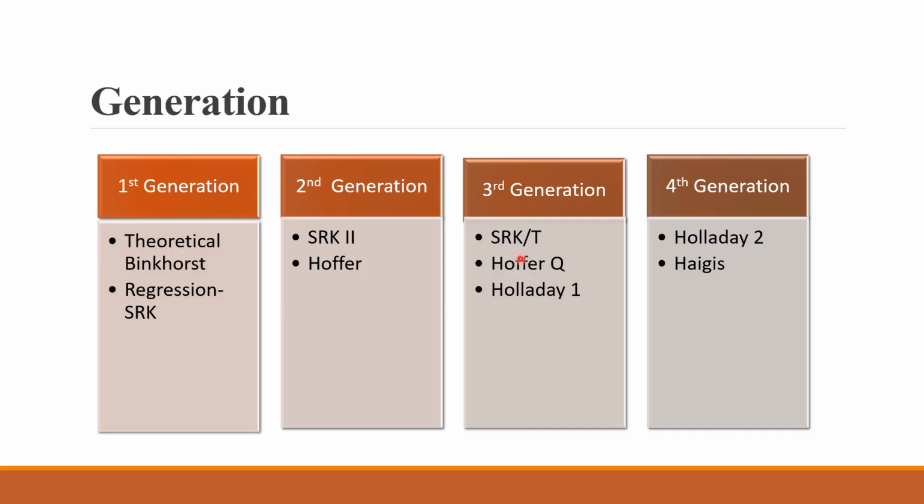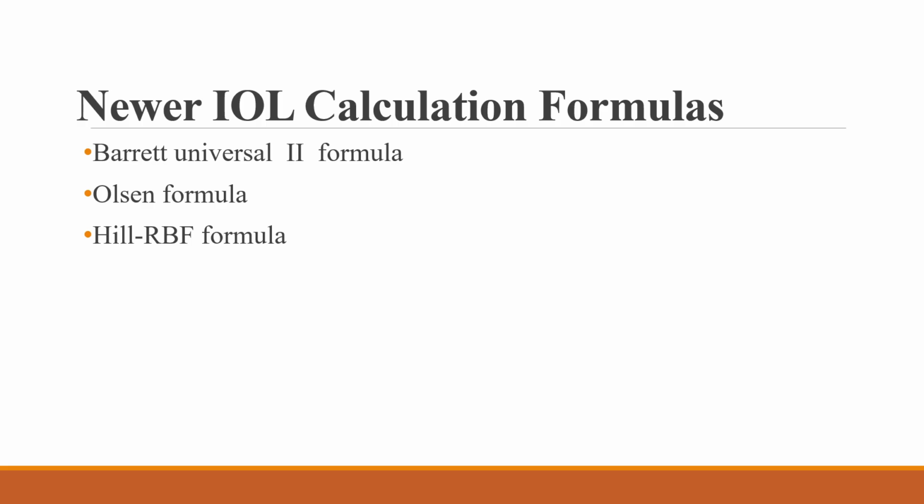Third generation: SRK 3, Hoffer Q and Holladay 1. And fourth generation: Holladay 2 and Haigis. We also have some newer IOL calculation formulas: Barrett Universal 2 formula, Olsen formula, and Hill RBF formula.